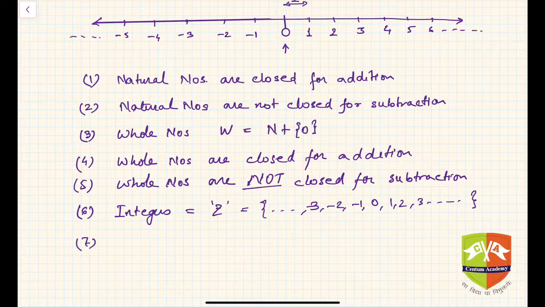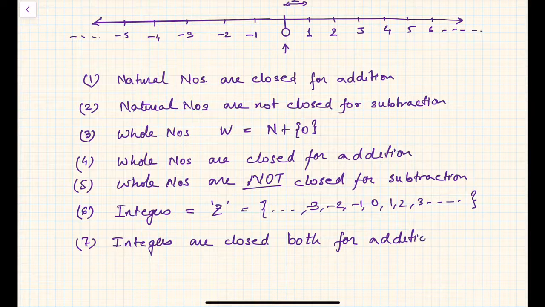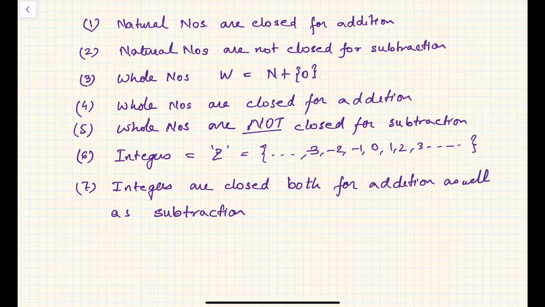And then we learned integers are closed both for addition as well as subtraction, isn't it? So if you take any two integers and try to find either the sum or the difference, you will always get an integer. So a very important property of integers.